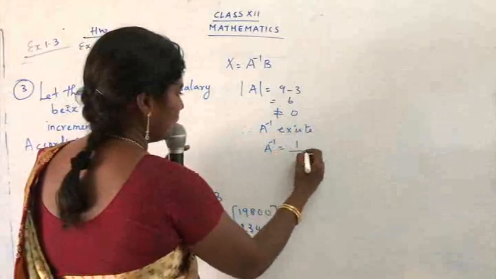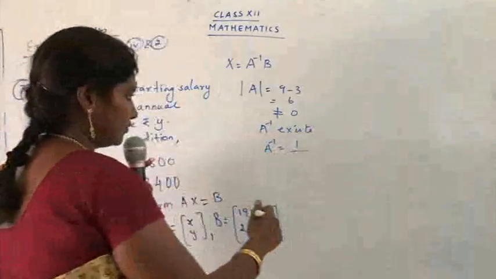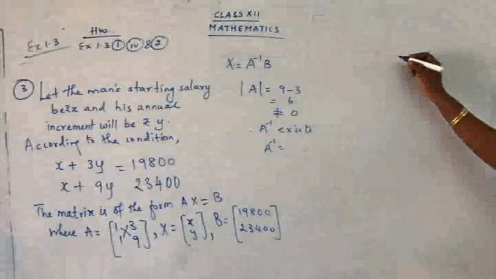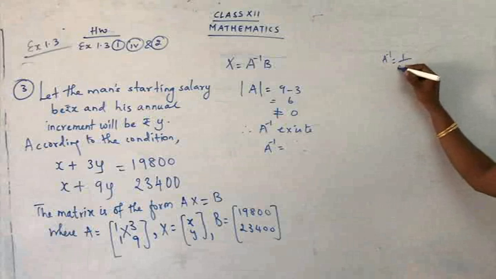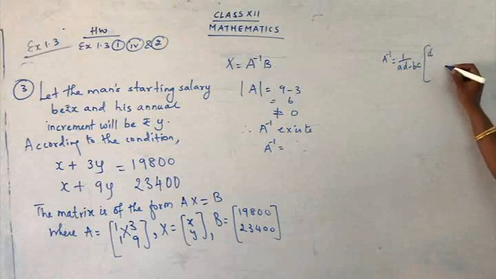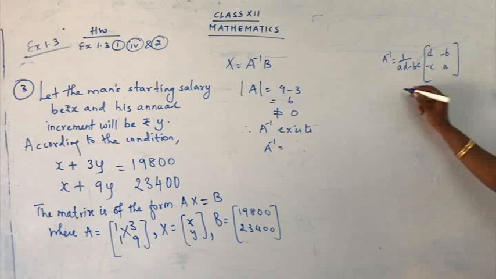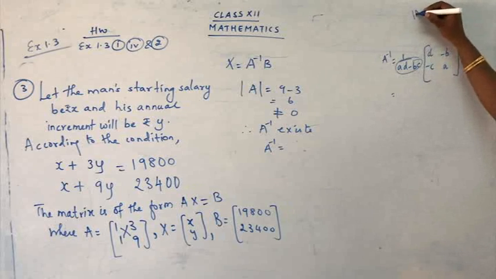So let's find the value for A inverse. A inverse is 1 upon... And I'll write the value here directly. So I'm just going to write the formula here, in the corner part. So mention here the formula for A inverse is 1 upon AD minus BC, D A, minus B, minus C. Already we have found this, as I told you. This is nothing but determinant A only.